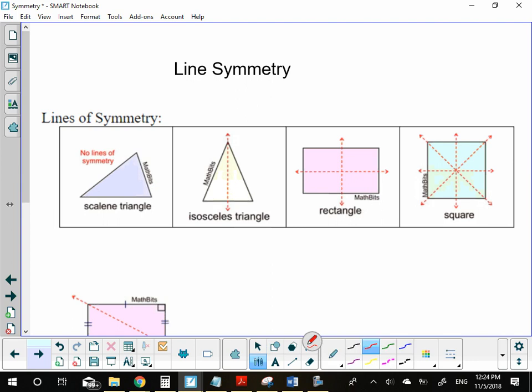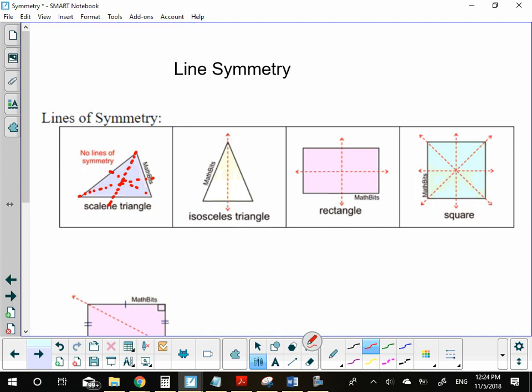Let's look at scalene triangles. None of the sides are the same. All these sides are different. So if I try to draw a line there, those two halves don't really match up.